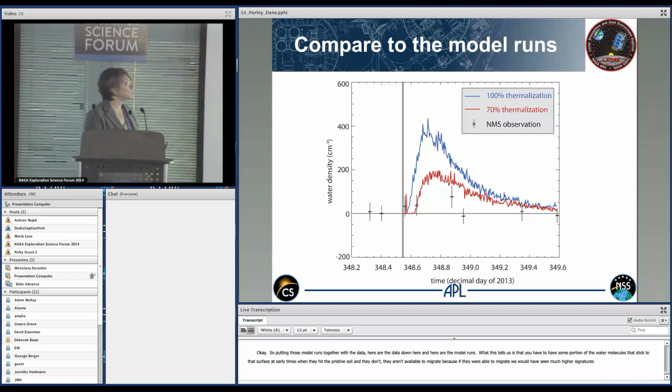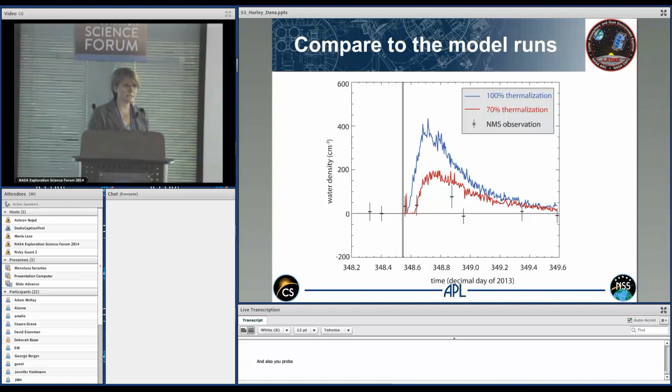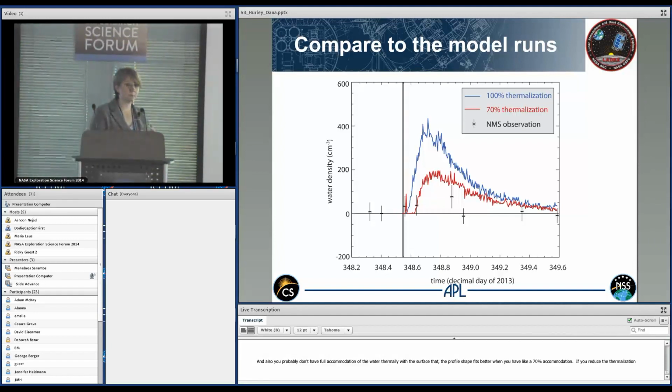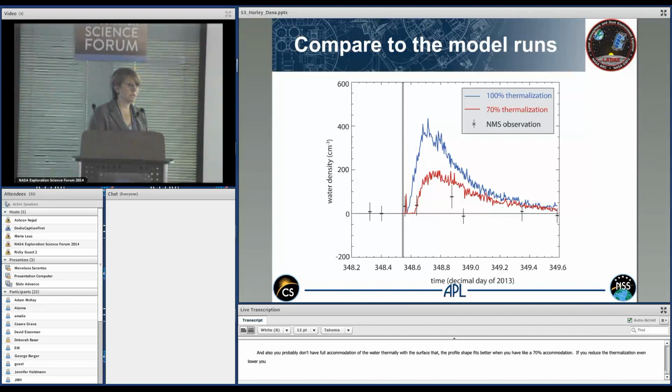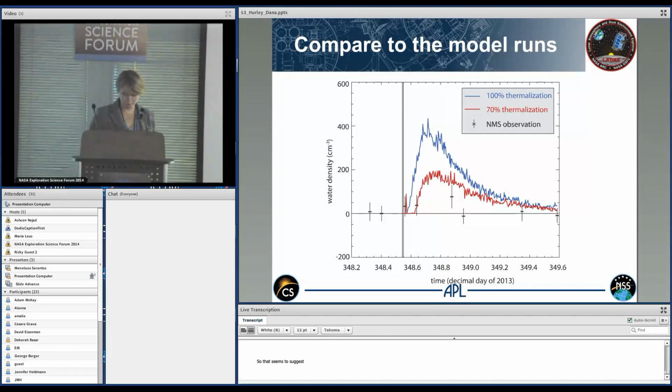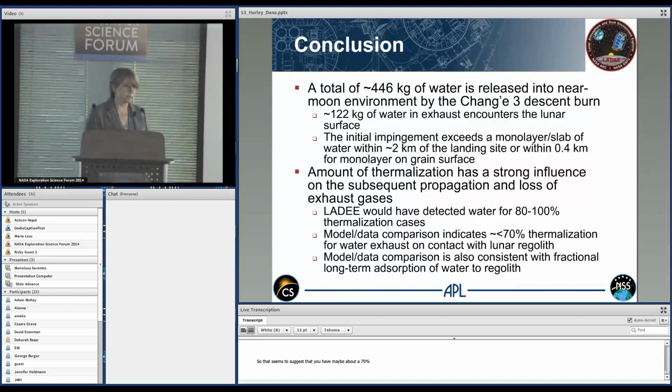Also, you probably don't have full accommodation of the water thermally with the surface, that the profile shape fits better when you have like a 70% accommodation. If you reduce the thermalization even lower, you end up having most of your particles escape on the first bounce. So that seems to suggest that you have maybe about a 70% thermal accommodation of water.